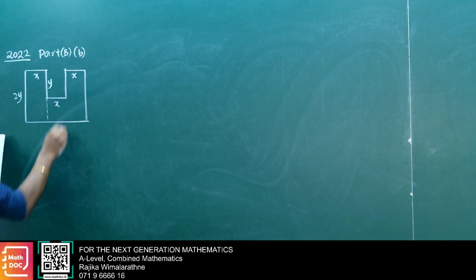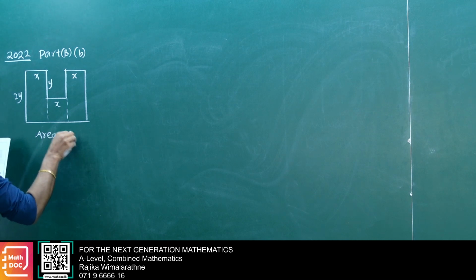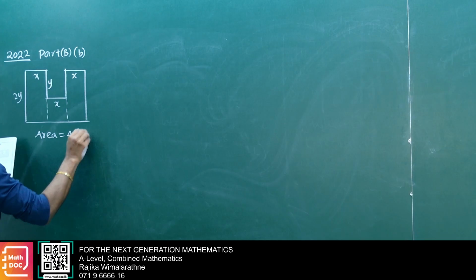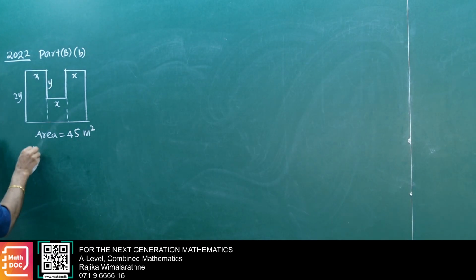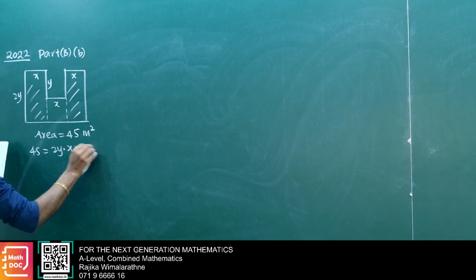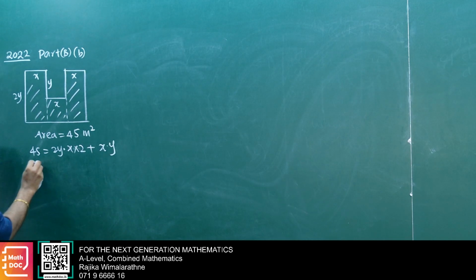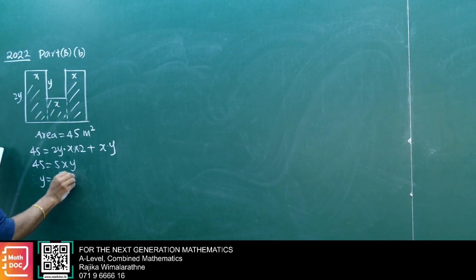Here the area is fixed, 45 square meters. Then 45 equals 2y times x plus x times y, that is 3xy. Here y equals 15 divided by x. Take this relation.